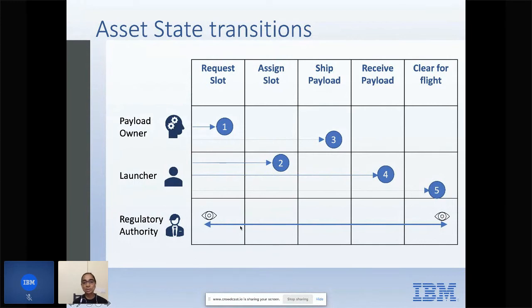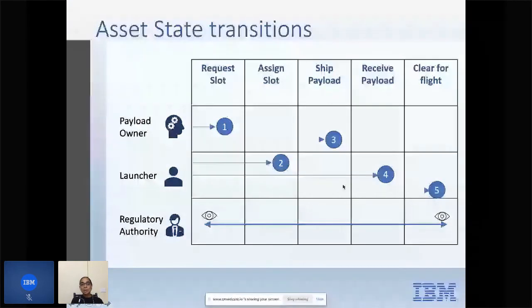What we are here to focus on is how we can represent this in Hyperledger Fabric and take the asset through these states and hence monitor the interactions between these parties. Again, the regulatory authority has visibility into the entire process. I would say read-only visibility. He doesn't have any write access, but he has read access, so that he oversees what happens in these processes.